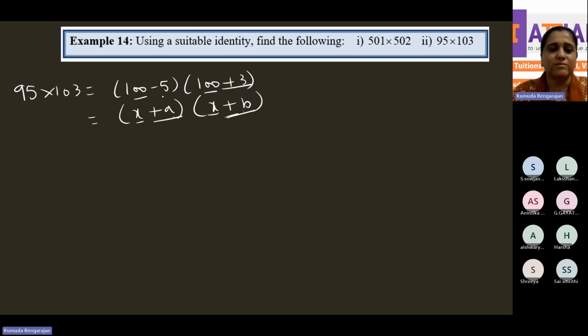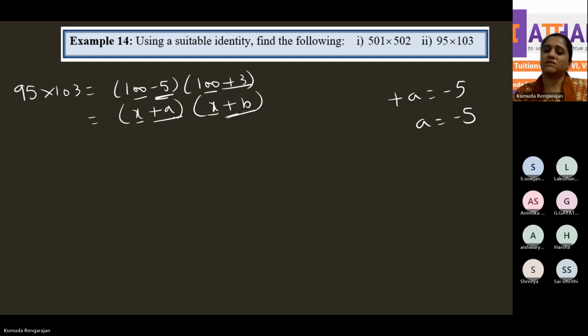Here plus a is minus 5, so a is equal to minus 5. You don't have to show that step. It is x plus a, but here it is minus 5, so a is minus 5. If it is plus 5, then a is 5. Because it's minus 5, a is equal to minus 5.